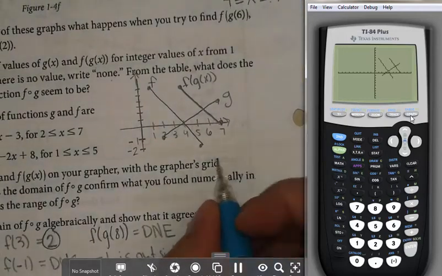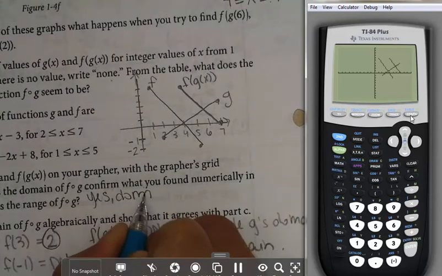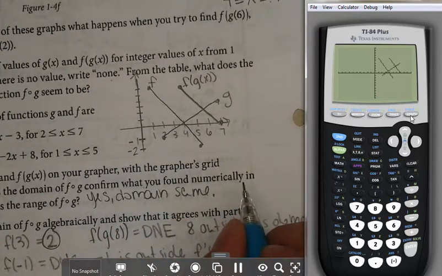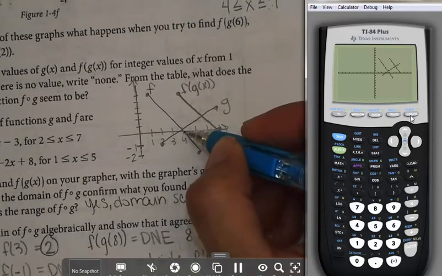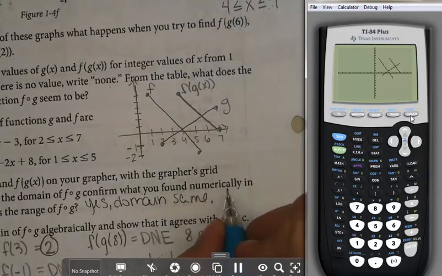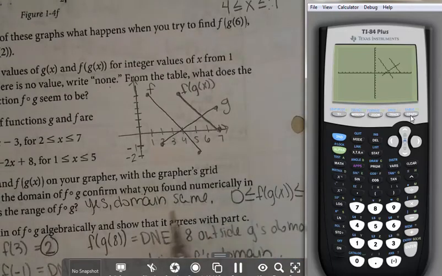So we'll say yes, domain same. And now we need the range. The range looked like I got somewhere between 6 and 0. So we'll have f of g of x in between 6 and 0.